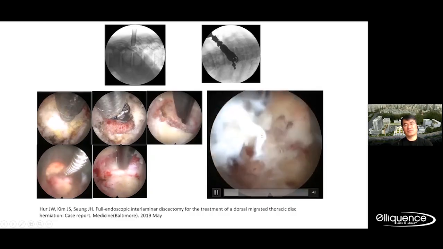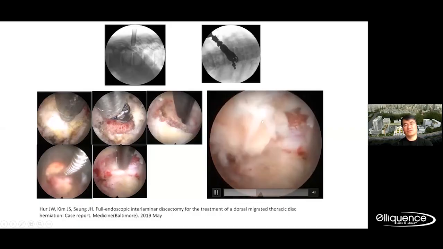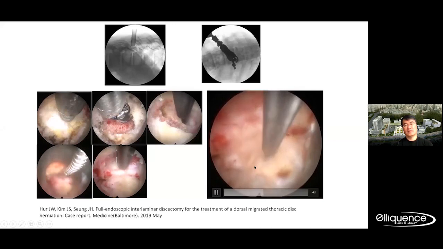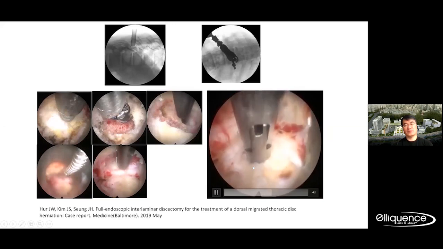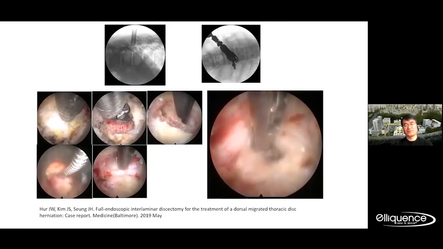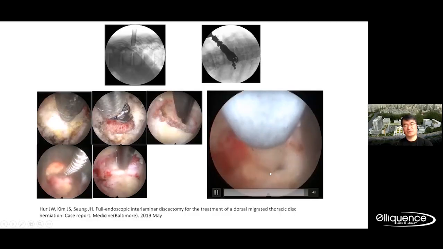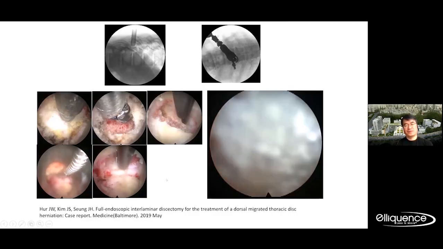I am grasping the ruptured disc in the contralateral dorsal side. It has migrated from the disc level to the spinal canal, right? Very unusual case. After that, it's traditional discectomy procedures. So hopefully you understand why the transforaminal endoscopic discectomy cannot be used in these special cases.